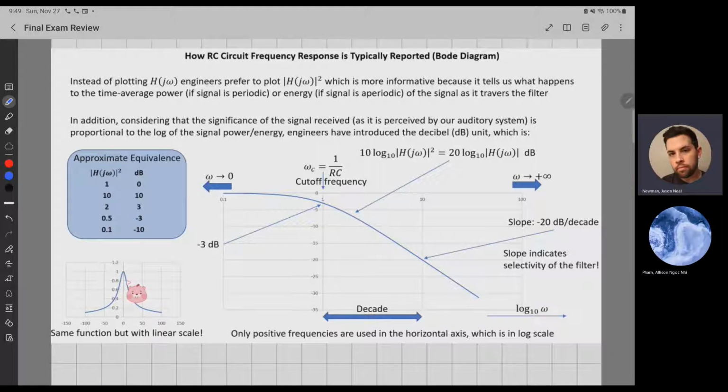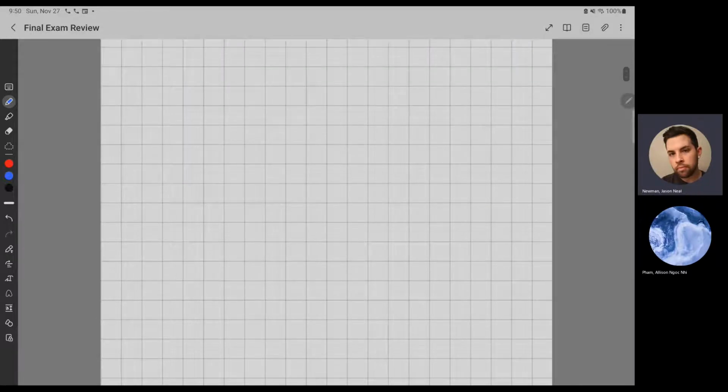I just wanted to mention this briefly because I thought it was interesting to know why Bode diagrams are used, because, like it says here, time average power or energy as it traverses the filter is easier to identify. That also makes sense because once you start learning about Fourier transforms, you're going to learn about power and energy in the frequency domain. So that's very useful. All right, let's keep going.